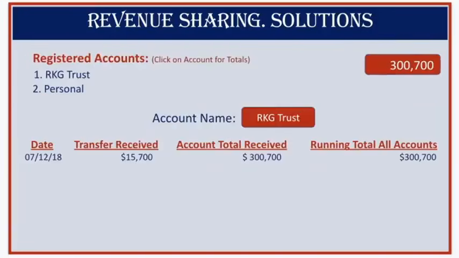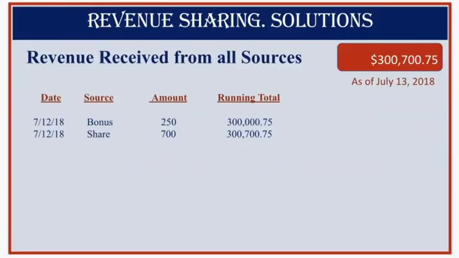Okay, awesome. Okay, this is the revenue received from all sources, and it's going to be labeled here, and you'll be able to go back and find out how much money you got from, if somebody signed up, you get a $50 bonus, thank you bonus. All of that information is kept here. And so if it was a $50 thank you bonus, then it would start coming in under the bonuses, and then the share accounts, whatever you're getting out of there.